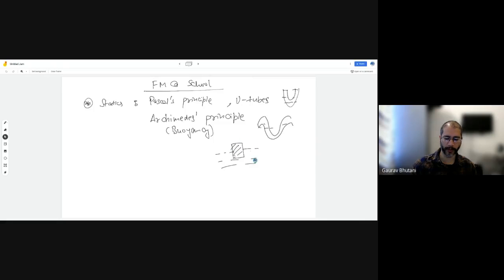So you know the meaning of apparent weight. So if a human goes into a swimming pool you feel yourself lighter. So there is a force of buoyancy that acts opposite to the direction of gravity. And the force of buoyancy is equal to the weight of the fluid that is displaced by the body that is inside the fluid. So this is again fluid statics, and we are very comfortable with this.